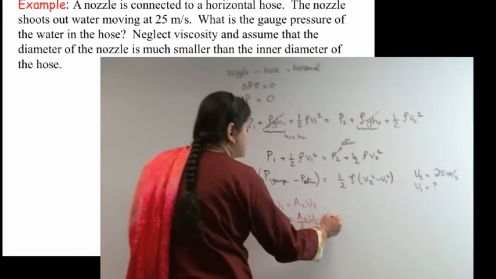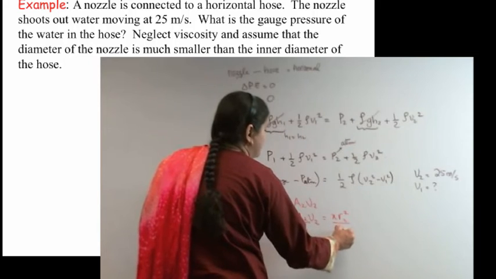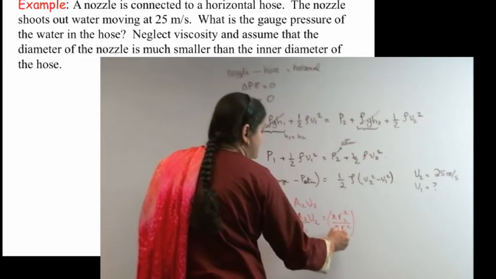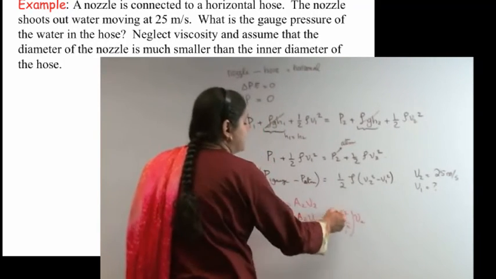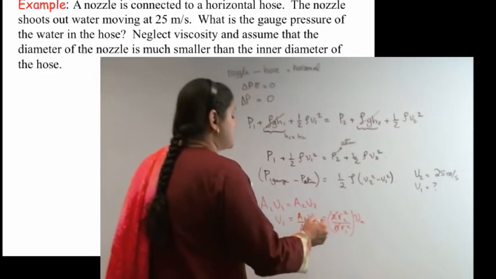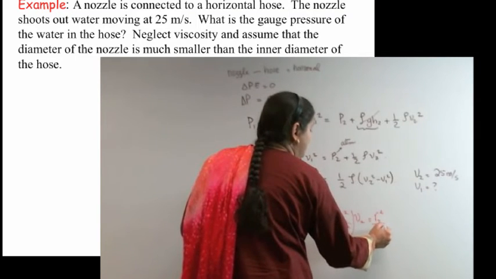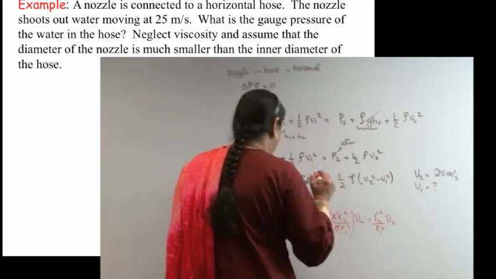This means this is going to be pi r2 squared divided by pi r1 squared times V2. Pi gets canceled. I will have r2 squared over r1 squared times V2.